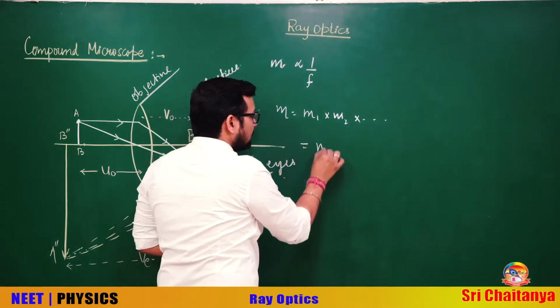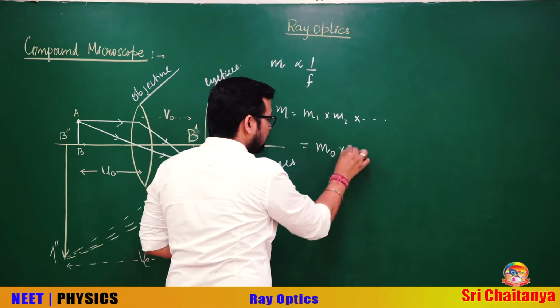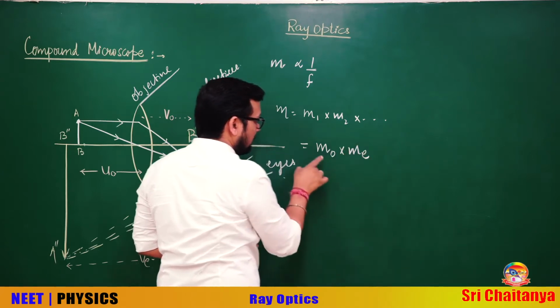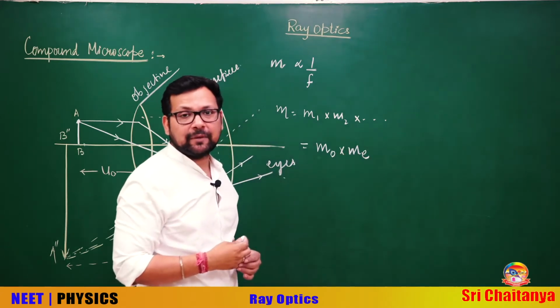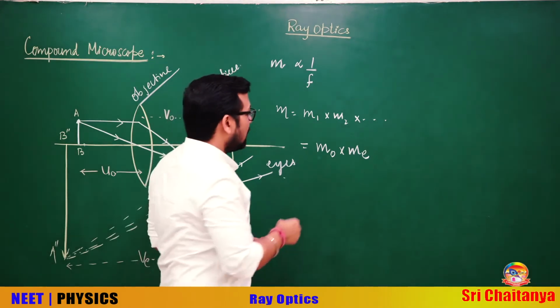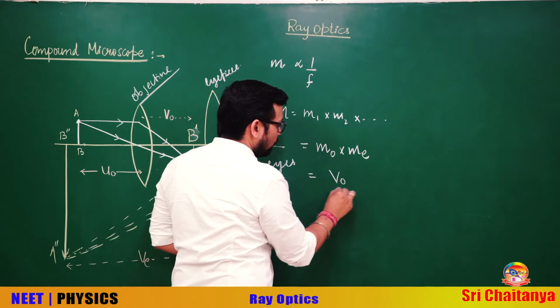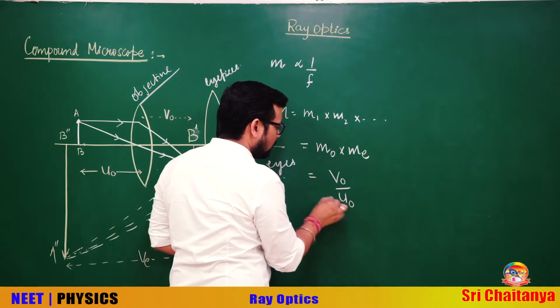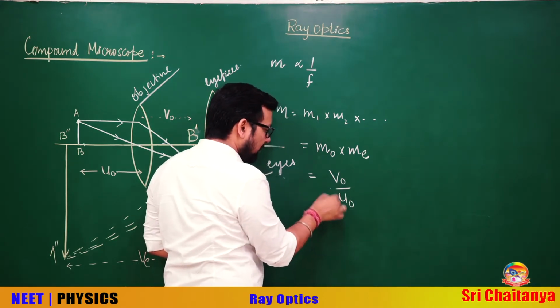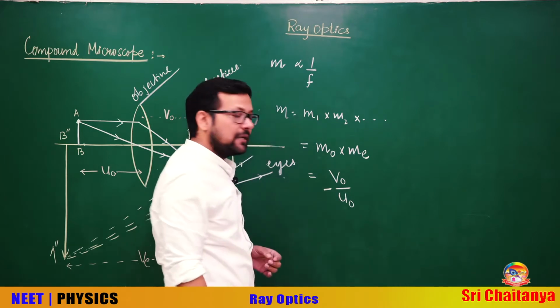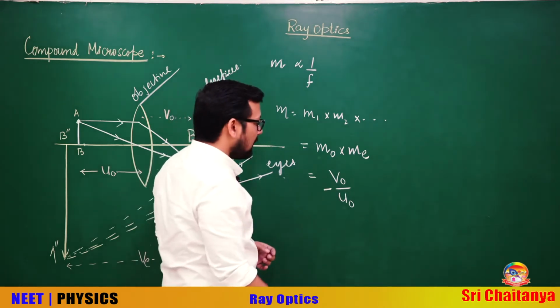Can I write the magnification as m0 into me, the magnification of the objective multiplied by the magnification of the eyepiece. What is the magnification of the objective? It is V0 by u0, and with sign convention, since u0 is negative, this is minus V0 by u0.